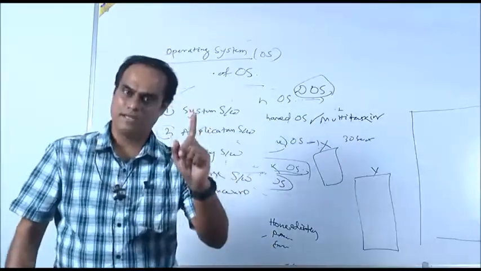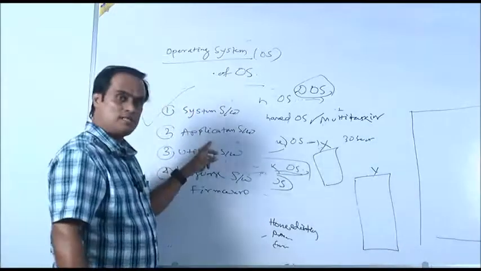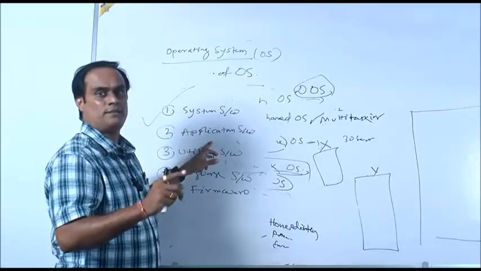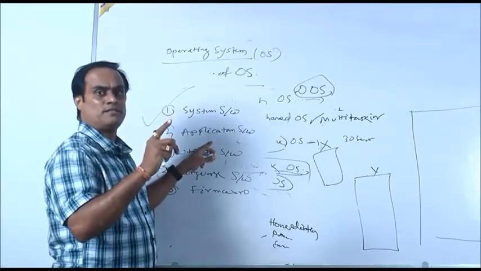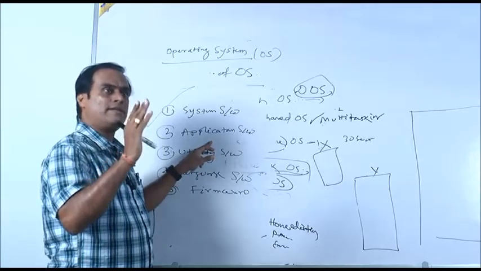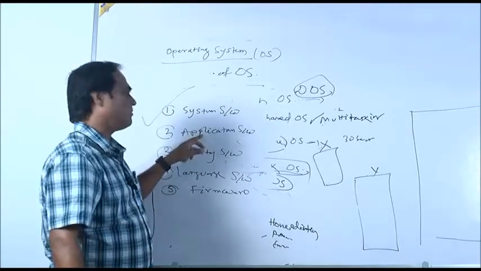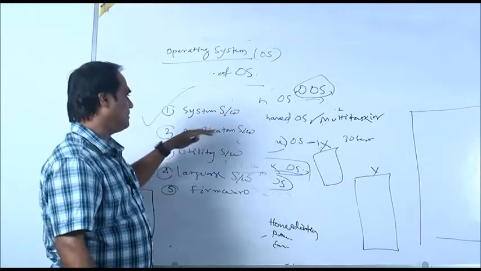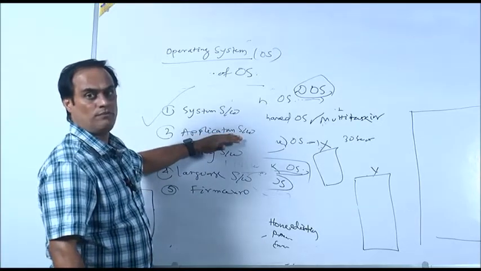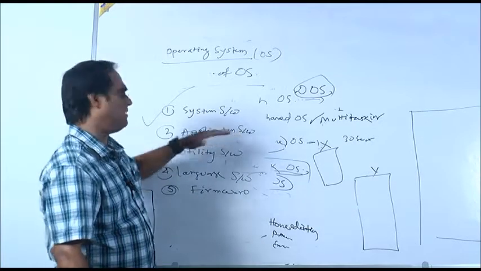MS Word is the application software which is responsible to run the MS Word activities and whatever MS Word features are there, to run properly, yes or no. So, that is the role of application software, which is also very essential.